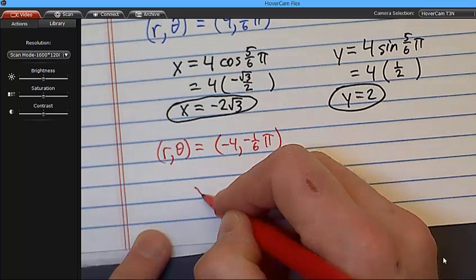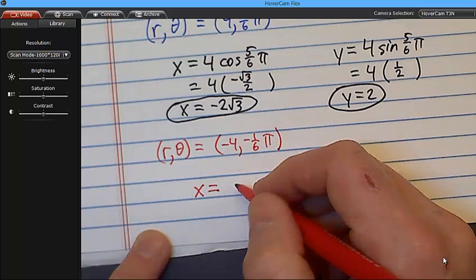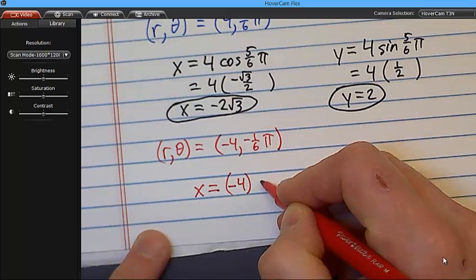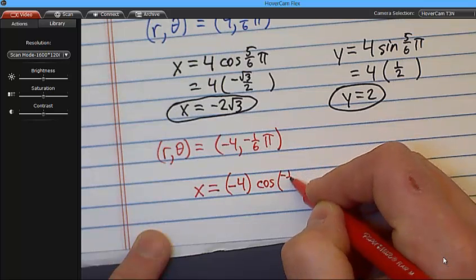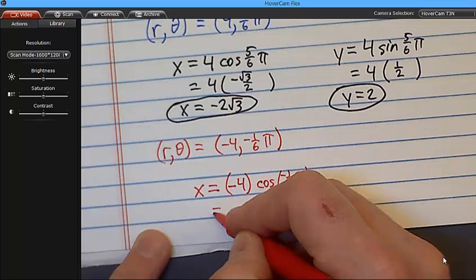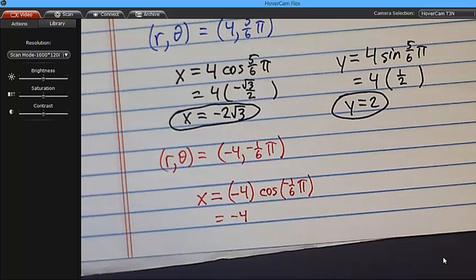So again, x equals, well, if we want to use r cosine theta, it's going to be -4 times the cosine of -1/6 pi, right? So I get -4, and I guess the question is what does this equal right here?